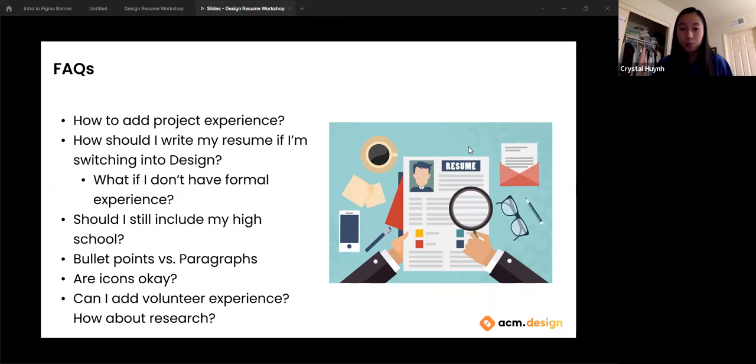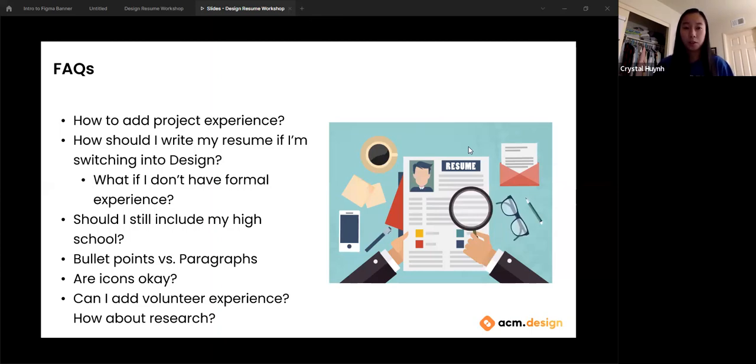For this point, I think that this is going to take a lot of thinking on your end, but what does a designer do? Or if you're into graphic design or product design or whatever type of design, what does that role entail? And then see if you can make some connections with your previous work or experience.